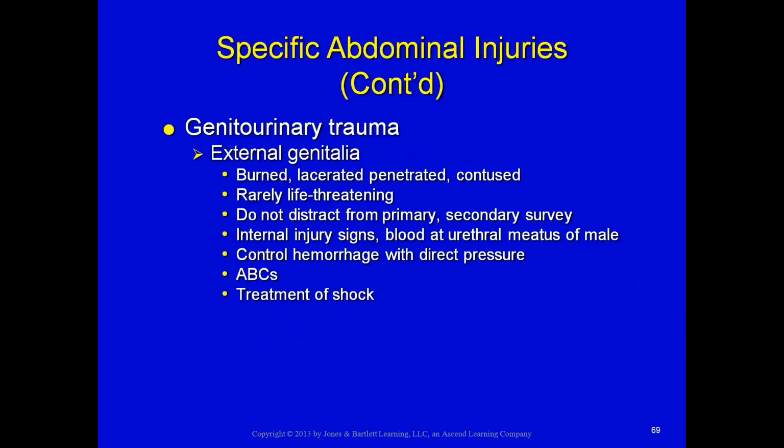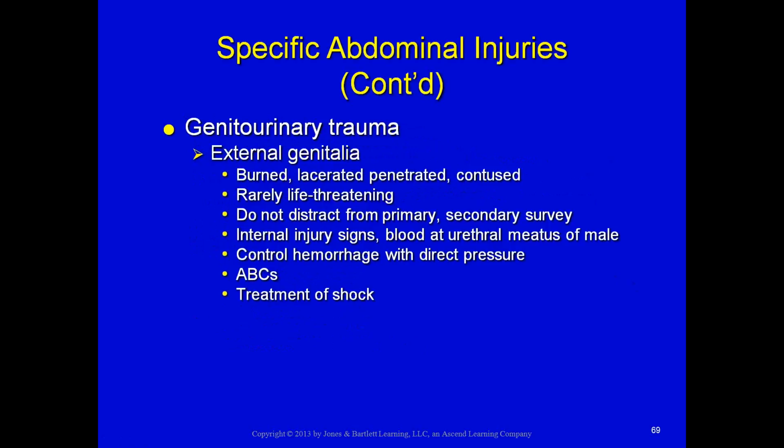They may have signs of internal abdominal injury. They may have blood coming out of the urethral meatus of the male. That would require you to control the hemorrhage, and that's done best with direct pressure. I've had to do that once.